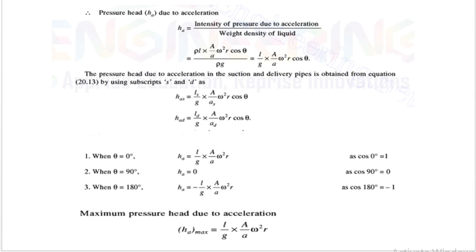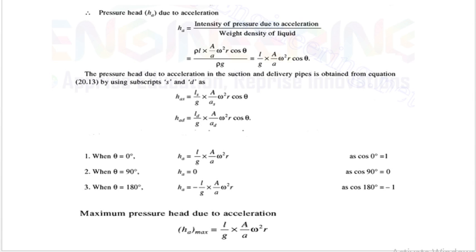And I had told you earlier that at the beginning of any stroke, water or piston will feel the accelerative head, and at end of any stroke it will feel the retarding head. So you can see here that theta is equal to 0 is the condition of beginning of any stroke. So at beginning of any stroke you can see that accelerative head is maximum.